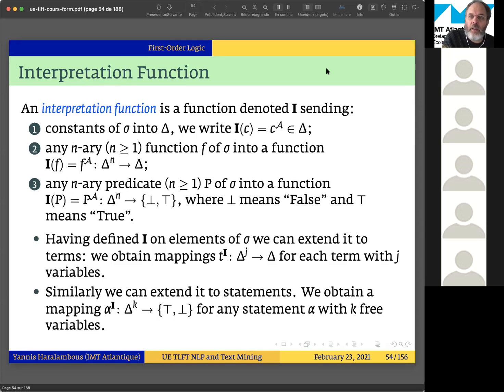So it goes from the domain into the domain. And the interpretation function sends this function to that function. Every predicate is sent to a function that goes from the domain to true or false. So there is this set of two things called true and false. And a predicate is always sent from the domain into true or false.